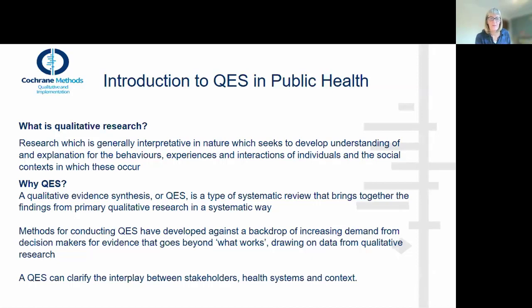It can really help clarify the interplay between the stakeholders around an intervention, the systems and the context.